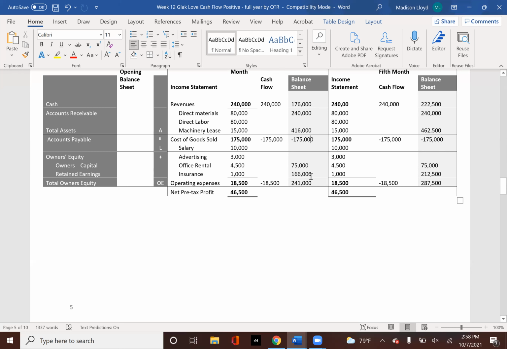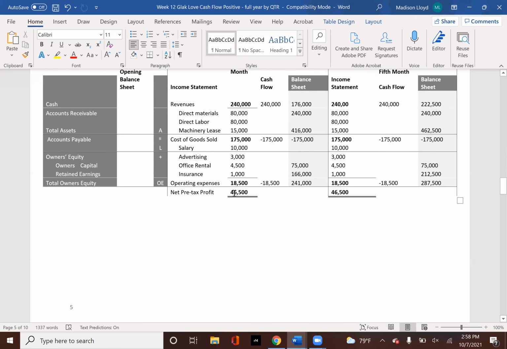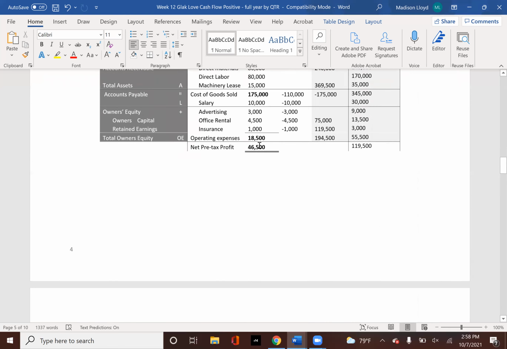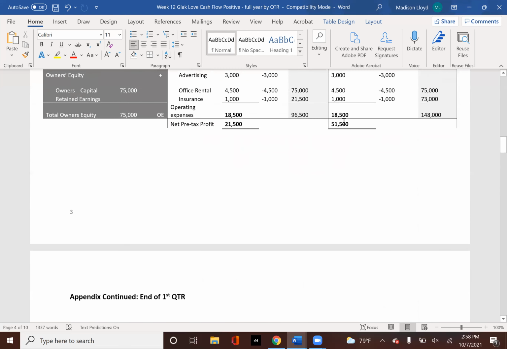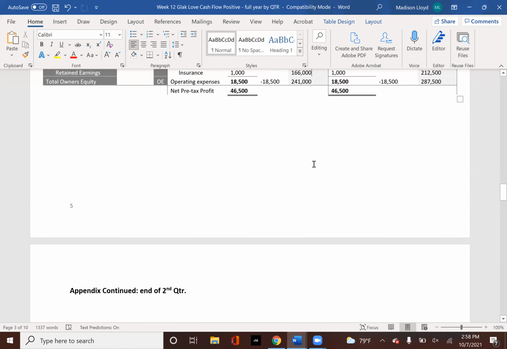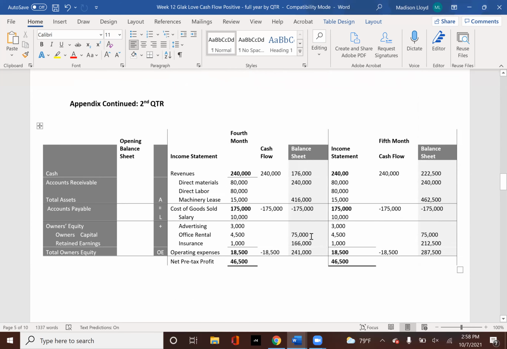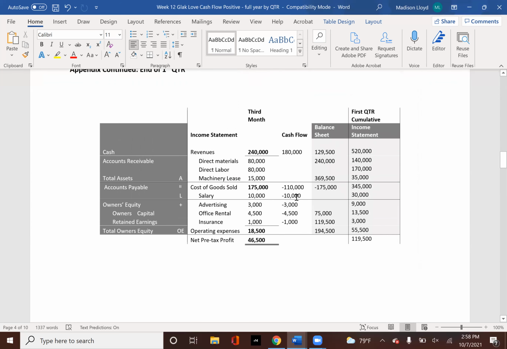Your retained earnings for our fourth month: you add up this month's profit, last month's profit, the month before that, and the month before that, to get your retained earnings of $166,000. What you could do more simply is scroll up to your third month, because the third month's retained earnings contains the past 3 months added together.